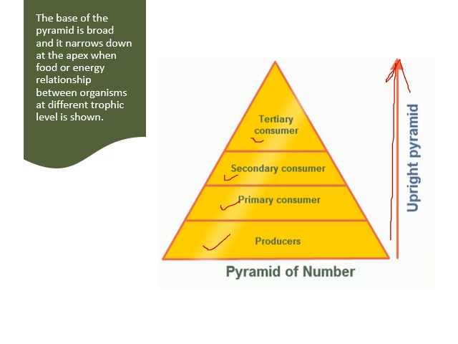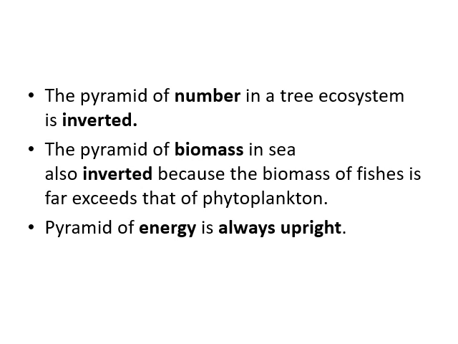So these pyramids show relationships between different organisms at different trophic levels, and this relationship is shown in terms of number, in terms of energy, or in terms of mass. The pyramid of number in a tree ecosystem is inverted.